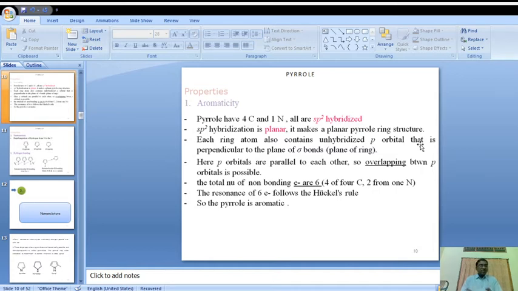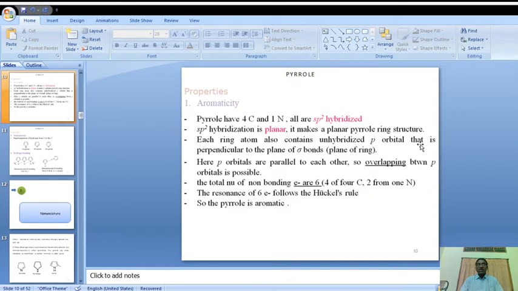Five orbitals overlap with each other to form a cyclic delocalized pi molecular orbital containing 6 electrons. This is the difference. In what way?